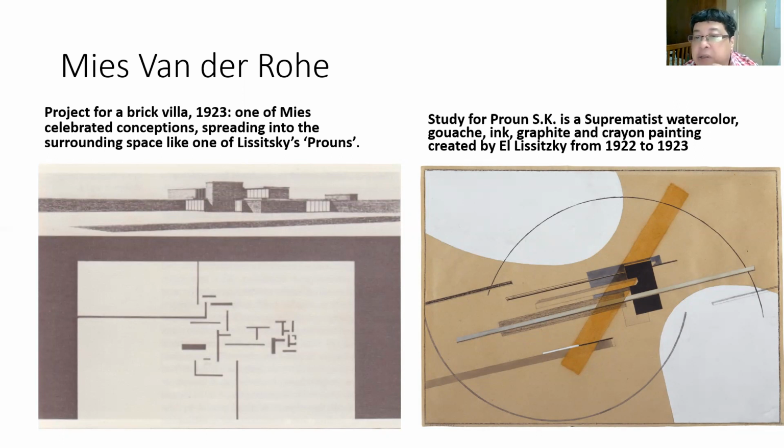Study for Proun SK is a Suprematist watercolor that Lissitzky did in 1922. So you can see that there's no centrality or a common center. It seems like the form is exploding, asymmetrical, and floating as well. So this is some of the ideas of Suprematists.